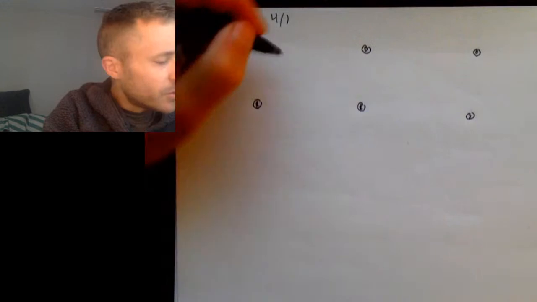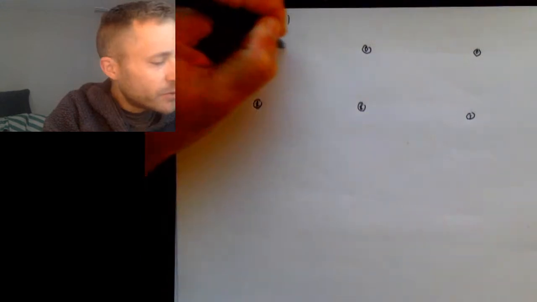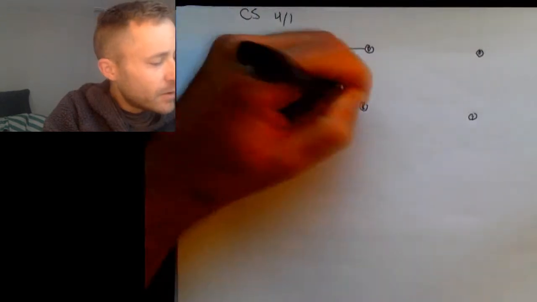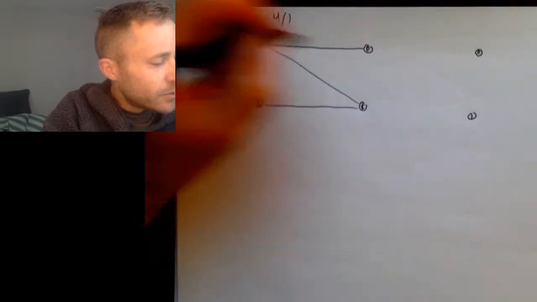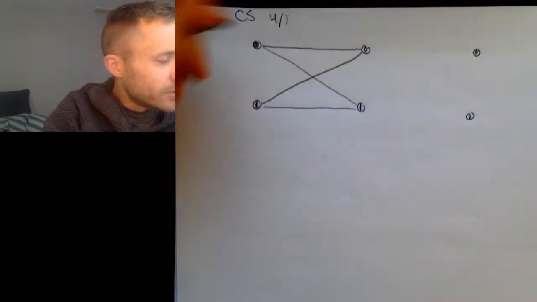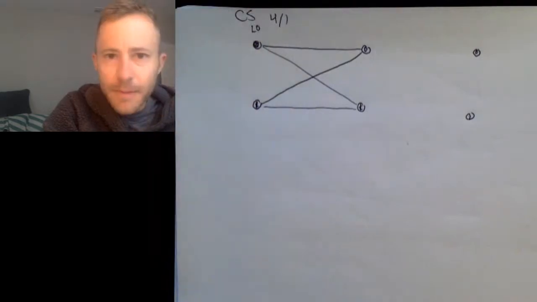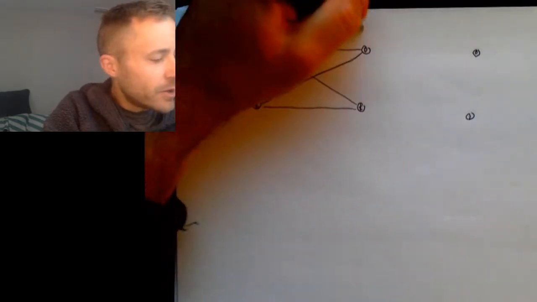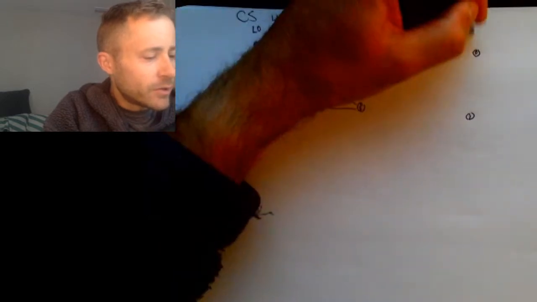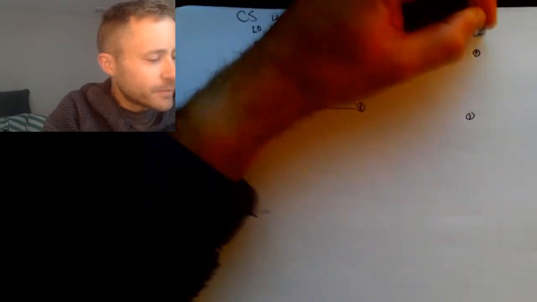And so we have some link weights, some links connecting. So this is layer 0. This is layer 1. This is layer 2.